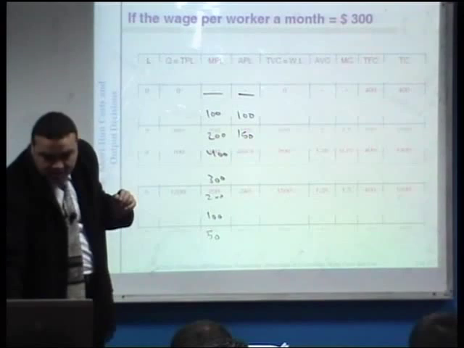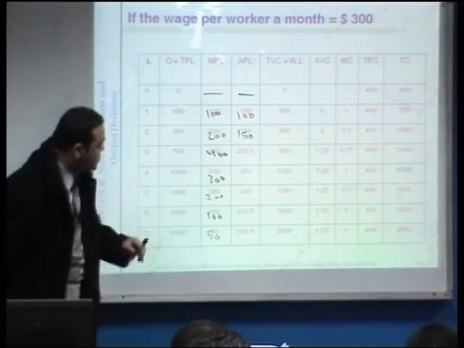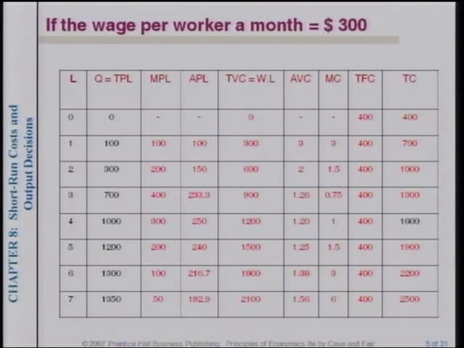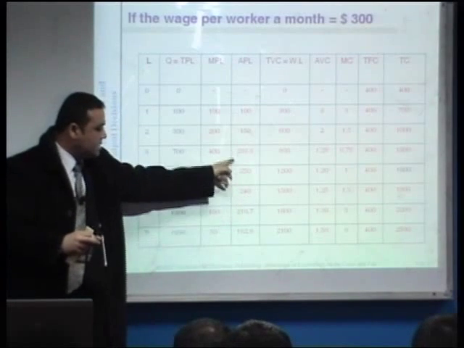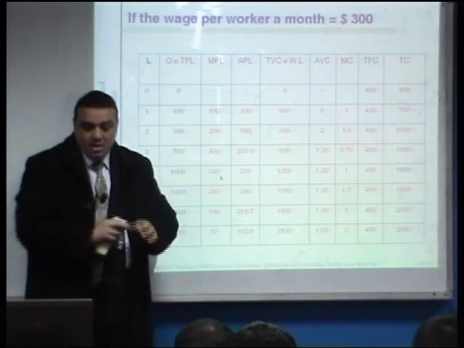We can see it in this table. APL is, as you see, 100, 150, 233.3, and so on, 250, 240, right?